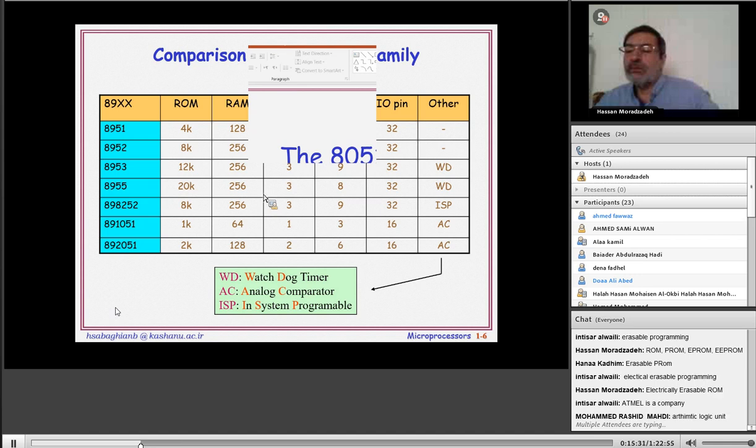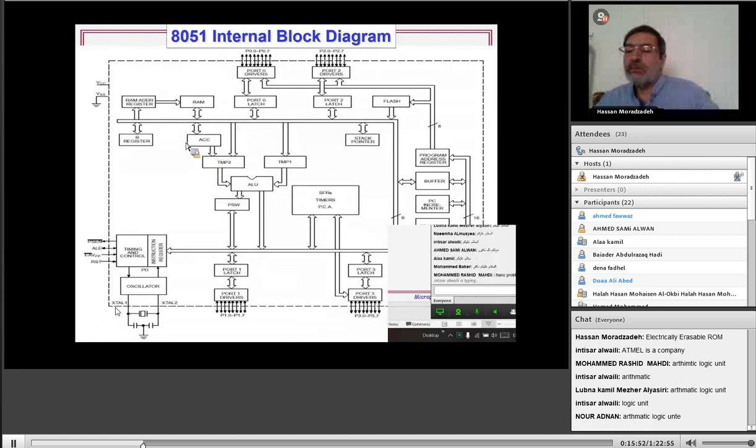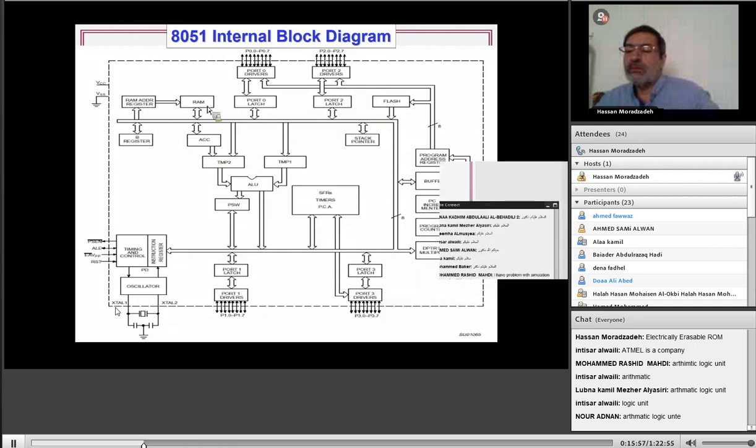This is the internal architecture of this microcontroller. For example, here we see the ALU. What was ALU? You all said it previously.